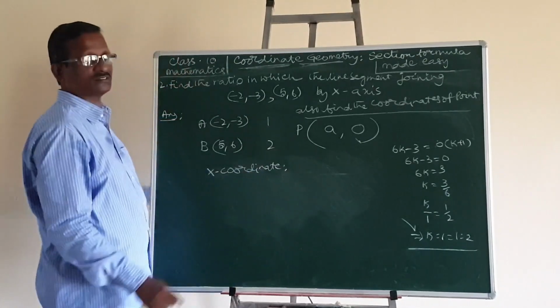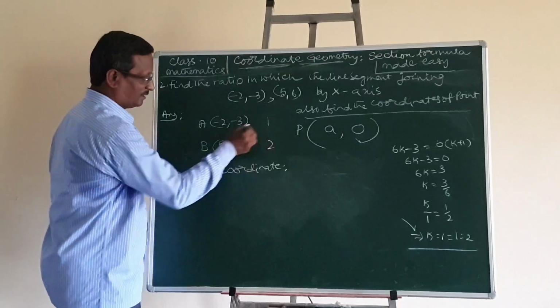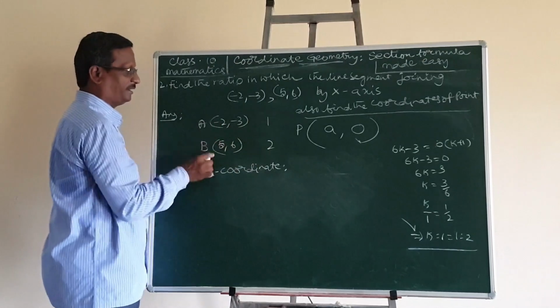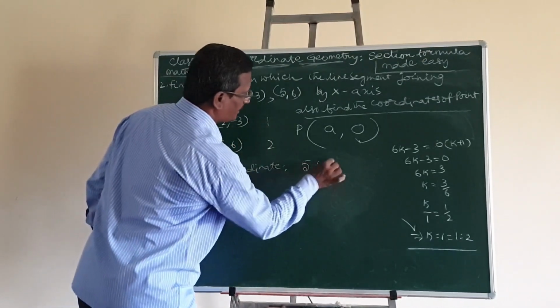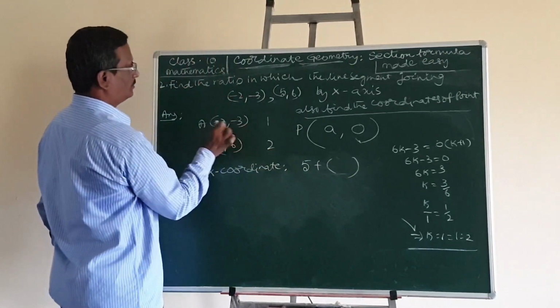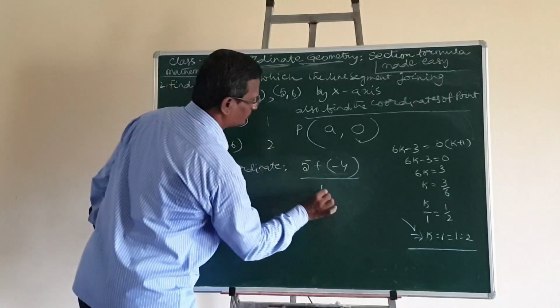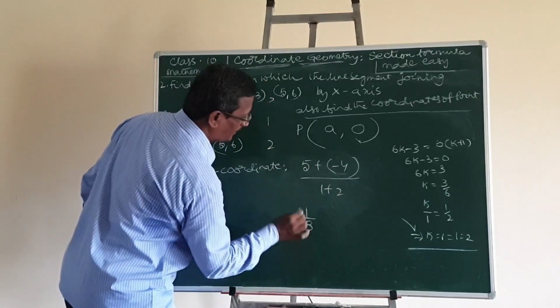For x coordinates, starting from the first term of the ratio, the cross multiplication with the x coordinates of points A and B. 1 into 5, 5, plus 2 into minus 2, minus 4, divided by 1 plus 2. This is 5 plus minus 4 is 1, 1 upon 3.